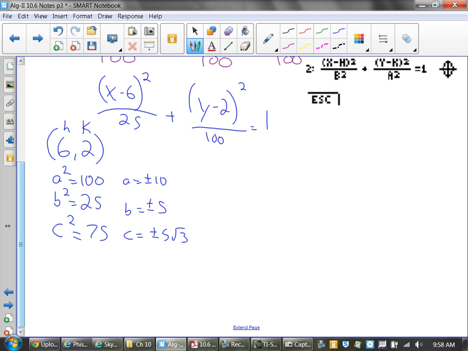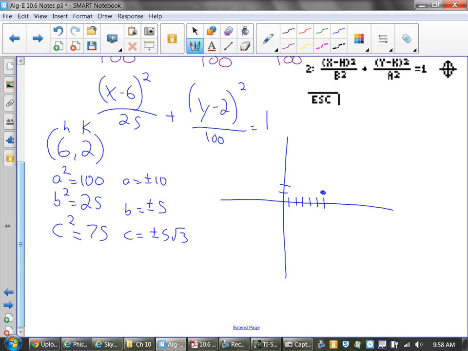All right. So when you go to plot it, we start at your center again. Our center is at 6, 2. Your A value is always the distance from center to vertex. Since it's being stretched up and down, what am I adding it to? The x or the y?